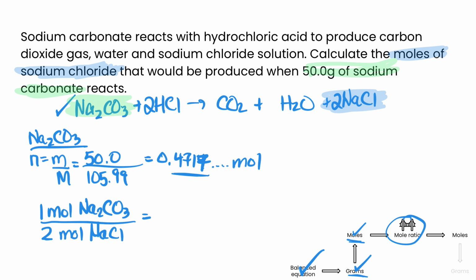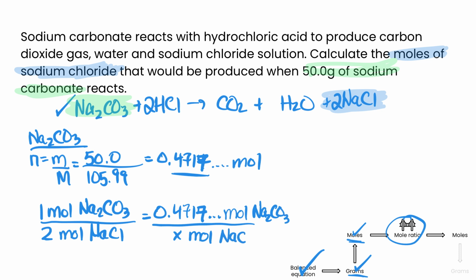And then we're going to use our known value we just converted there, so 0.4717. And then we've got X moles, and this is sodium carbonate, and this is our sodium chloride. Do a quick double check here. Make sure your sodium carbonates are both on the top, your sodium chlorides are both on the bottom, or if you set up your ratio the other way, just make sure that the same thing is on the same thing on each side of your equation.